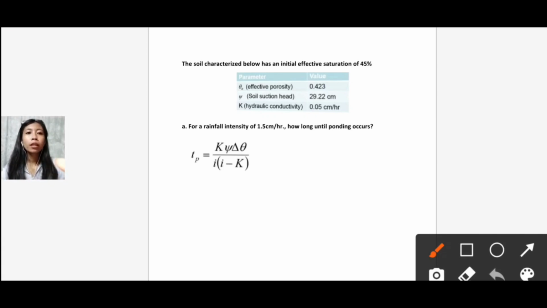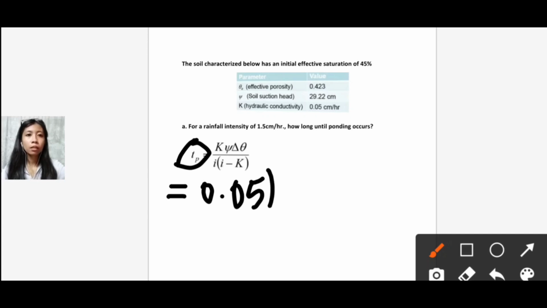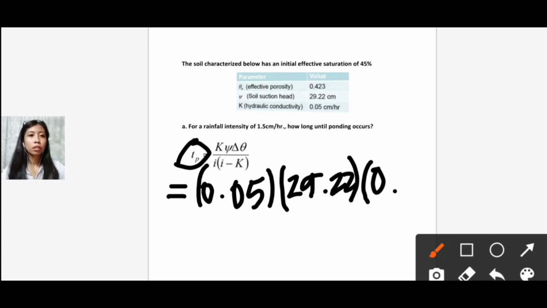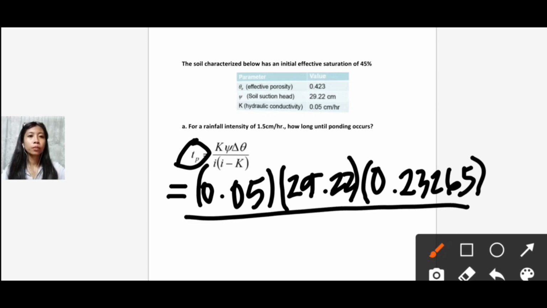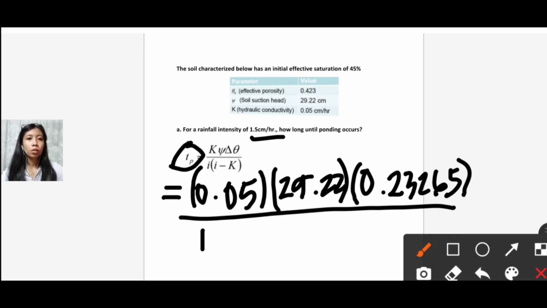So the time to ponding is equal to the value of K, the hydraulic conductivity, which is 0.05, times 29.22, times 0.23265, all over the intensity, 1.5, times 1.5 minus 0.05.